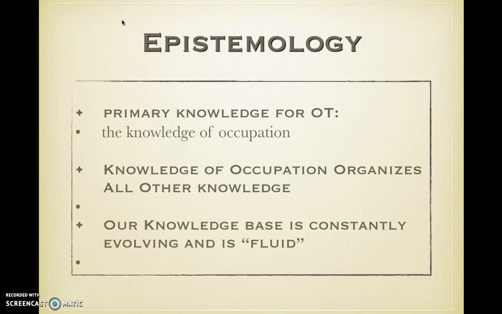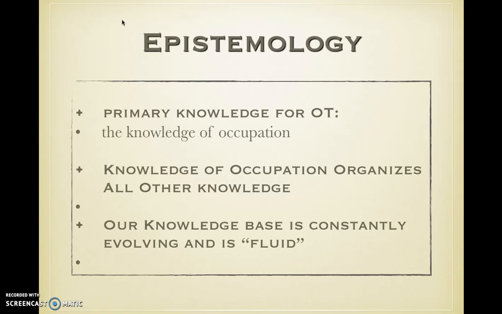This is vital. We can know everything there is to know about the human body and its systems and structures, but we must know how those contribute to participation in occupation. This drives our profession. This drives our practice. Next is knowledge of occupation organizes all other knowledge. And so the most important things underneath occupation are the psychological, social, and symbolic dimensions.